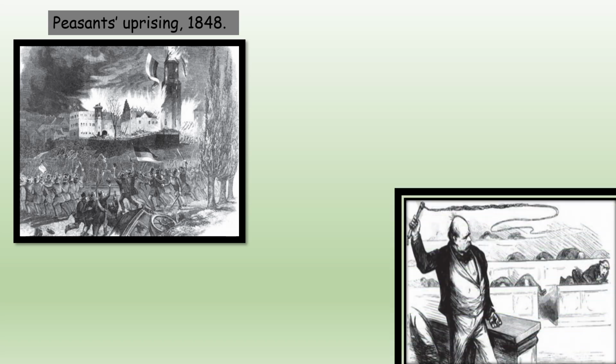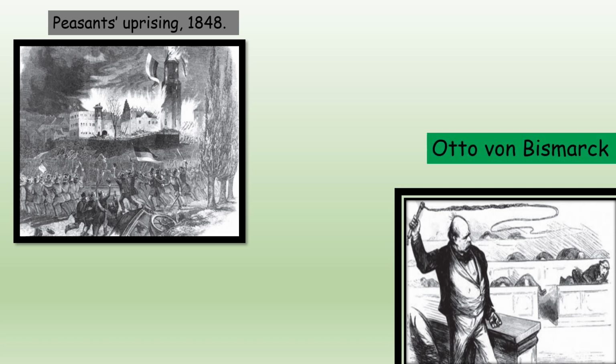Now let's look at this next picture. Here we can see a man with a whip, and many people are hiding down. Who is this man? Why is he carrying a whip? What is this picture trying to tell us? Well, this man is the architect of unified Germany, Otto von Bismarck.